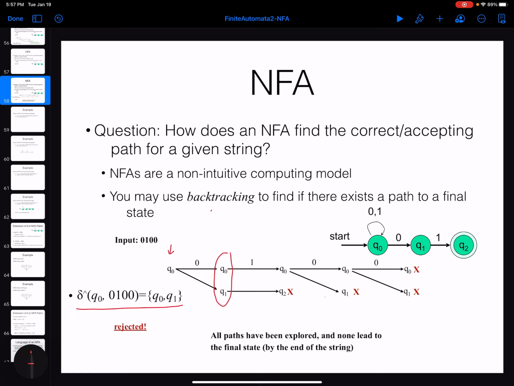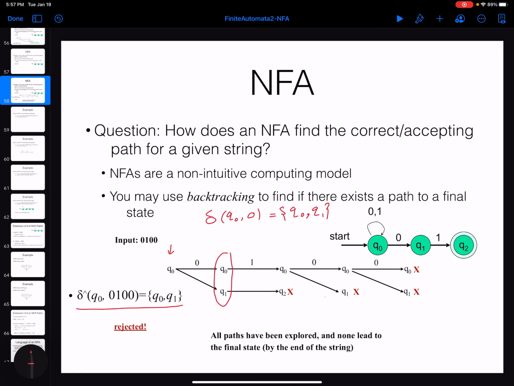So the transition of Q0 and 0 is going to be the set of Q0 and Q1. This is exactly what we mean by saying we can be at more than one state at a situation.